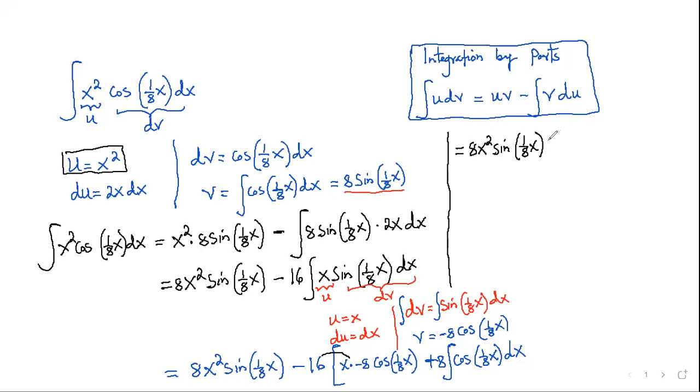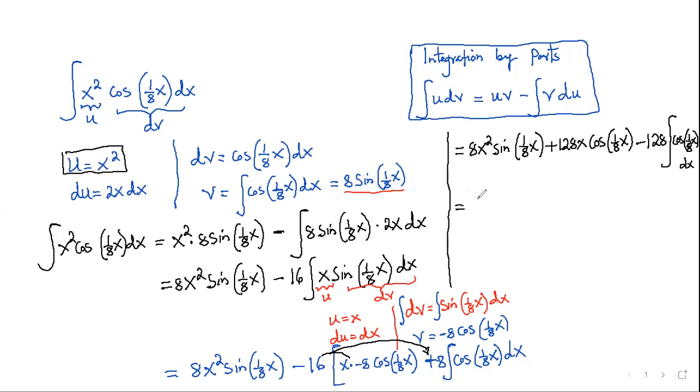So that's plus 128x cosine 1/8 x. You still distribute this to this. So you get minus 128 times the integral of cosine 1/8 x with respect to x.